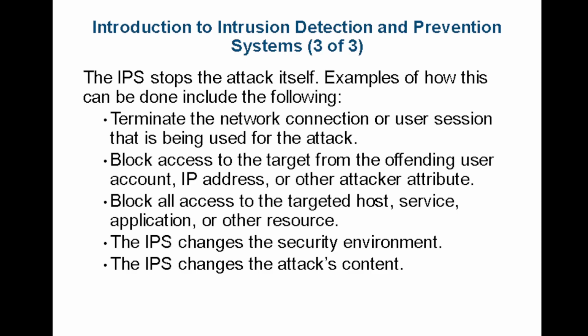Block all access to the host or the system or any other resources, and you can change the whole security environment. Change the content, turn an image into just meaningless data. If you know some malware's in there, just turn it all to zeros.